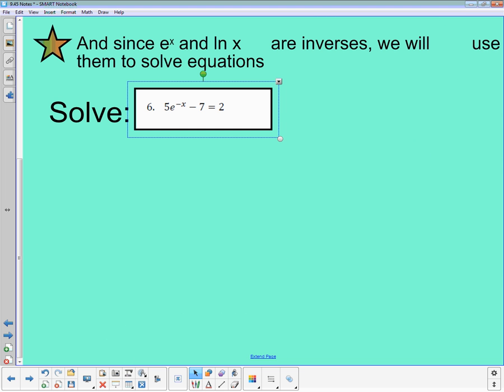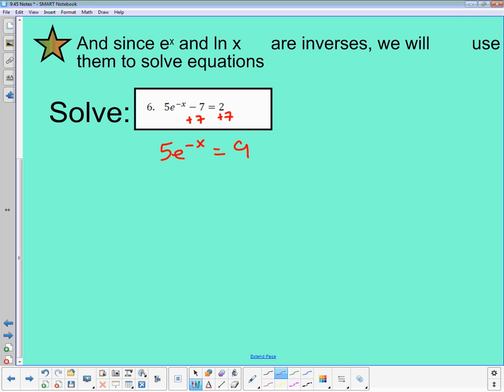I'd have to add that constant over to get rid of that. I got to get rid of everything except for the base of e, the power. So I'm going to add 7, and that gives me 5 times e to the negative x power is equal to 9. Then to get rid of that 5, I'd divide by 5. So I'd have e to the negative x power is equal to 9/5. And you can just keep it as 9/5, that's fine.